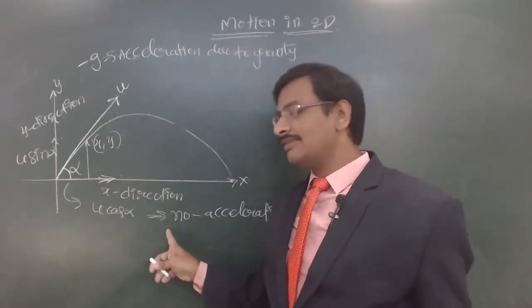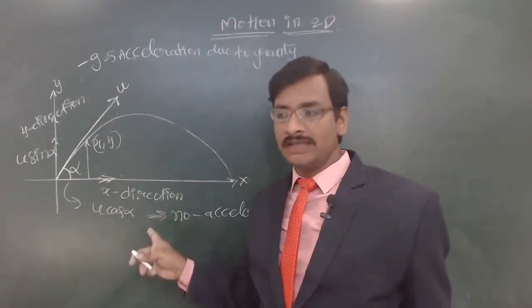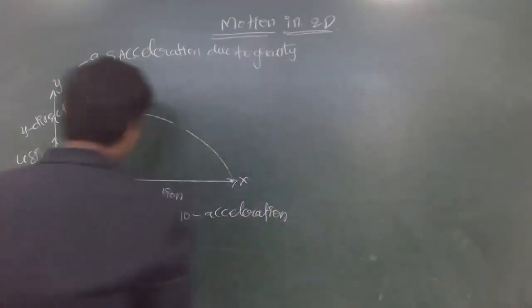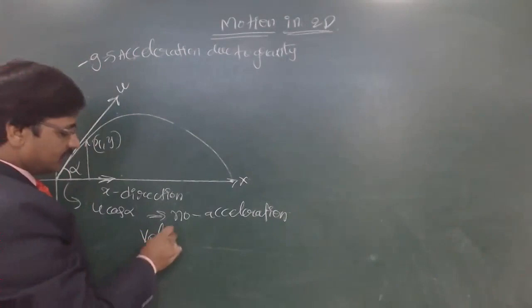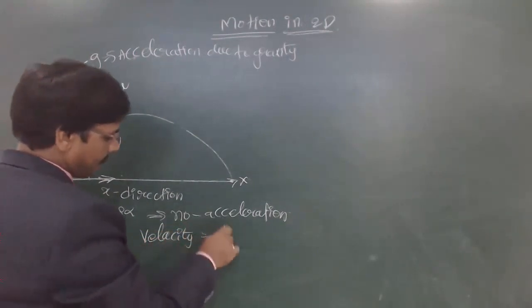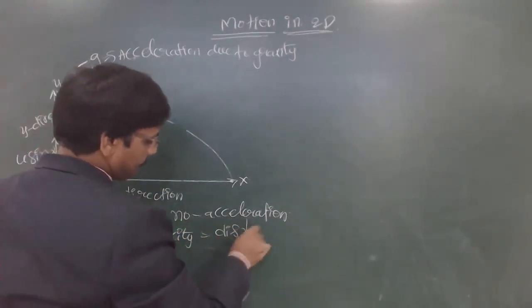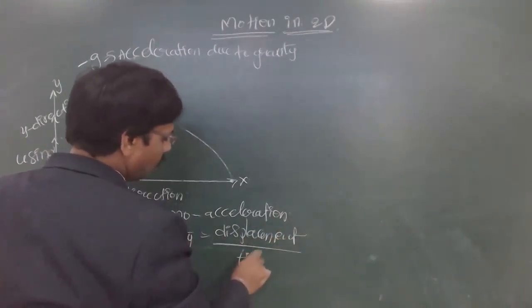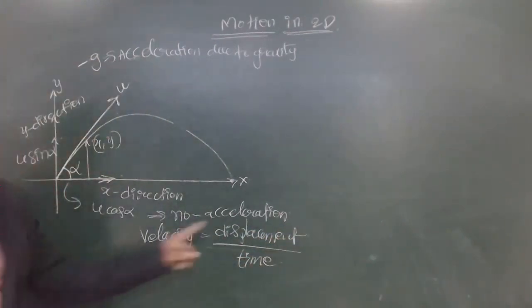But the horizontal motion we have to consider as zero acceleration, where for zero acceleration we have only the fundamental rule, that is velocity equal to displacement by time. So this is the only rule that is associated with the horizontal velocity.